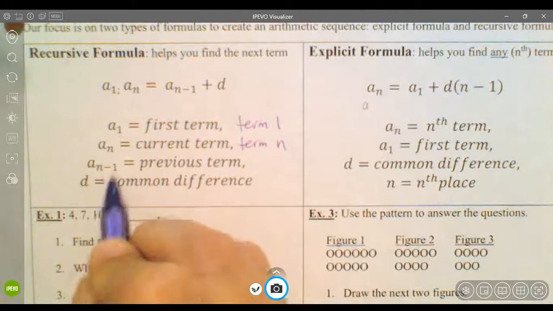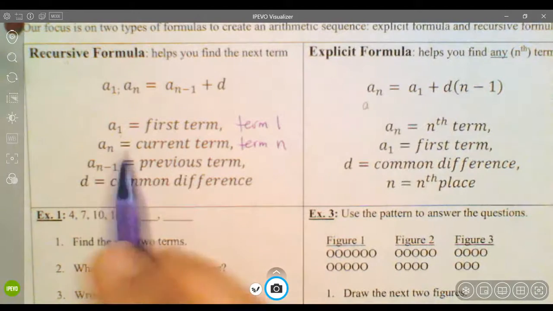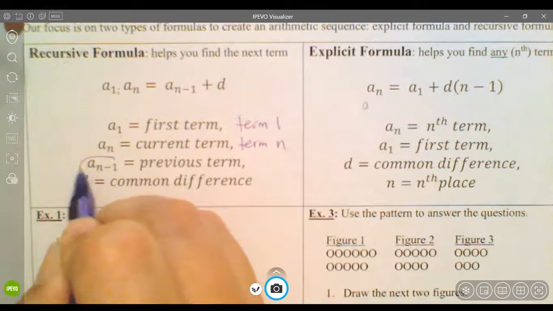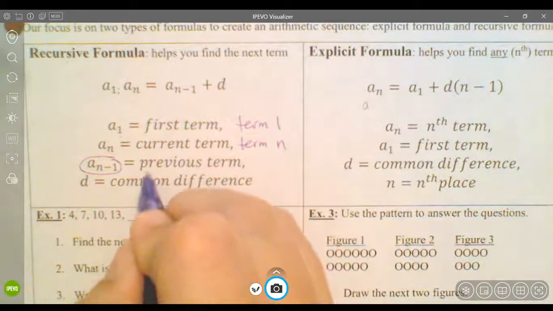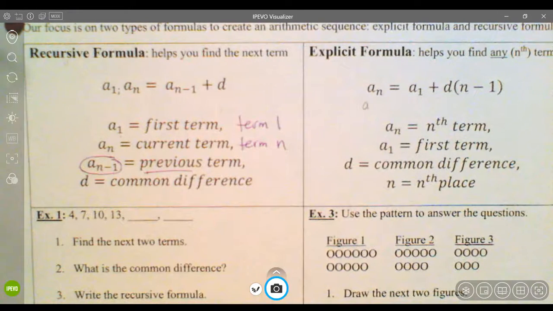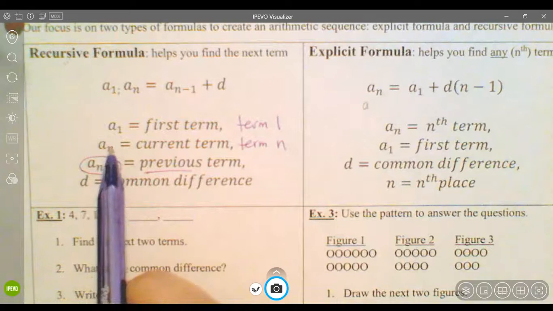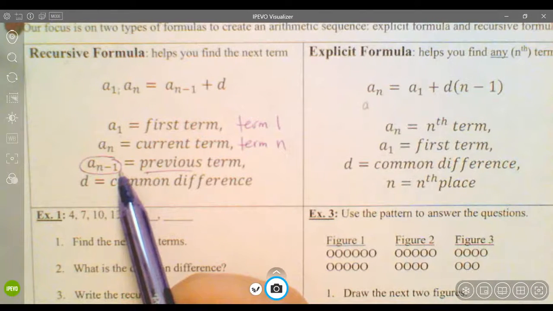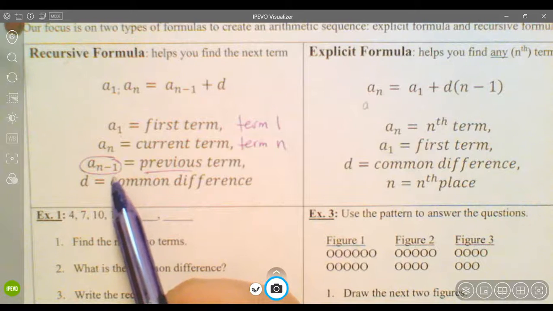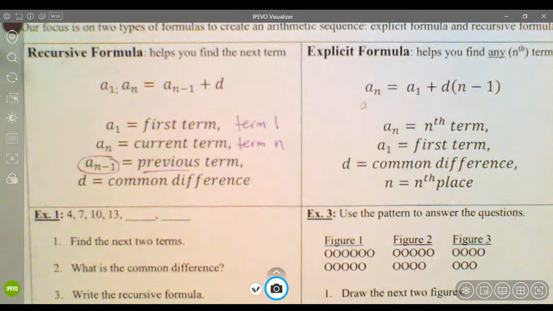Now, when you see a sub n minus 1, I briefly did math in the subscripts for like a second, but I want you to think of this as one whole variable, one package together, and that means the previous term. Because if I'm talking about a sub 5, you're going to mess with a sub 4. If I talk about a sub 17, you're going to want to do something with a sub 16. That's all it means. And then d is our common difference.